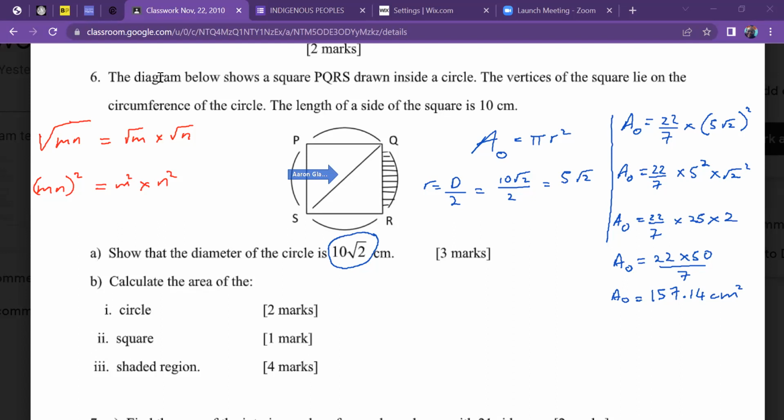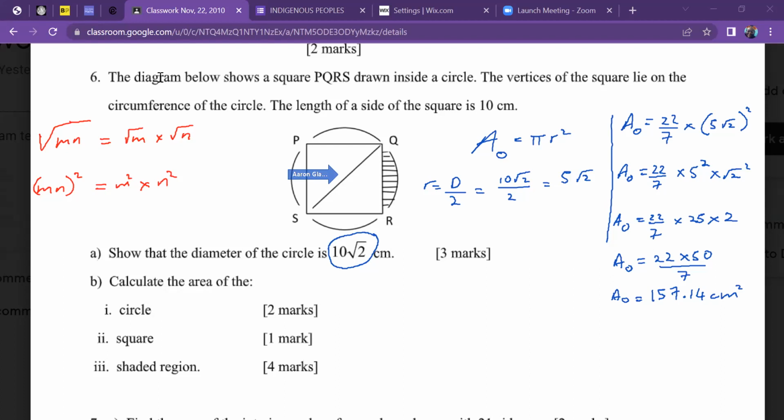Because area of circle is equal to pi r squared. You want to know how they arrived at the formula pi r squared? No, sir. I thought you could have just used the Pythagoras theorem alone to get the diameter. Oh yes, you use Pythagoras theorem to get the diameter alone.